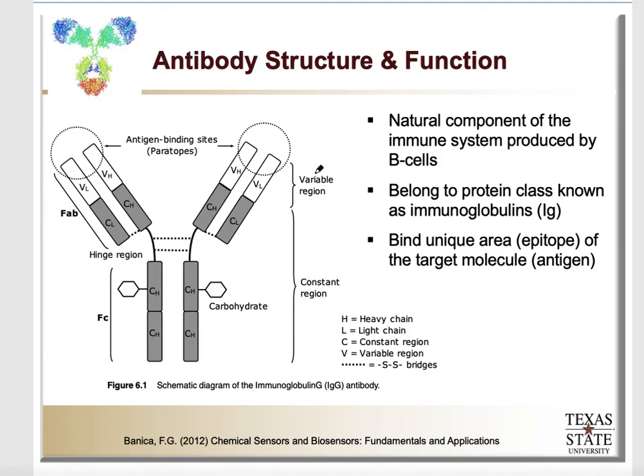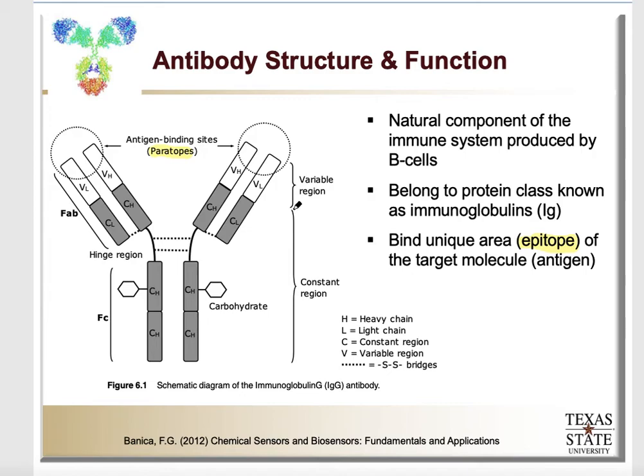So that variable region, as the name implies, is going to be different for any kind of antibody. That way it is able to then bind to a different target, right? So that part changes for all antibodies. Those antigen binding sites are also known as paratopes. And again, those paratopes have the ability to bind to a particular epitope on the target antigen.